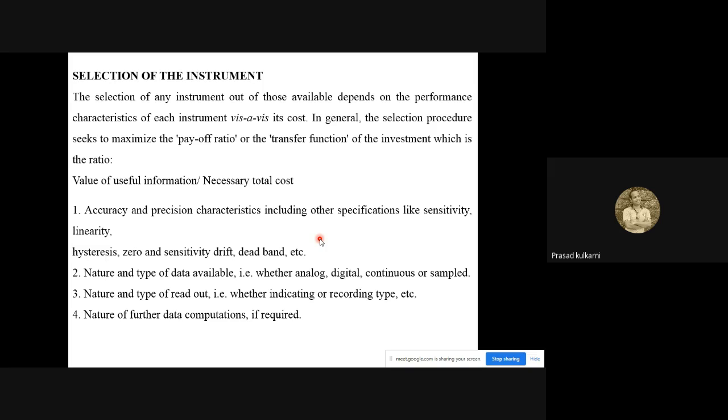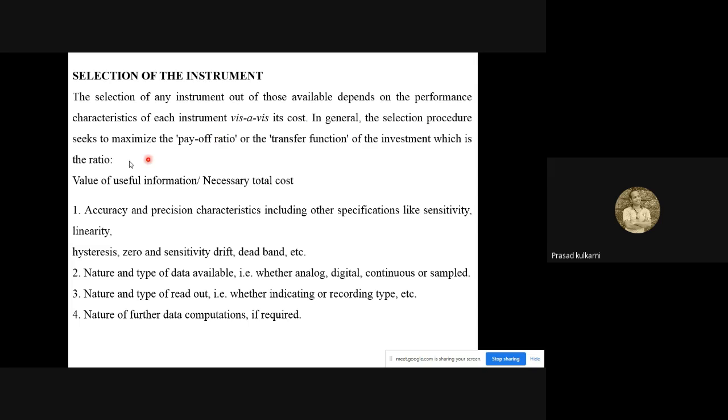The next topic is selection of the instrument: how to go about selecting a measurement instrument. The selection of any measuring instrument out of those available depends on the performance characteristics of each instrument versus its cost.